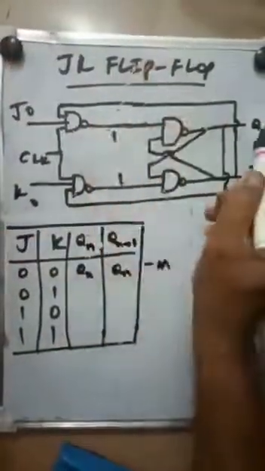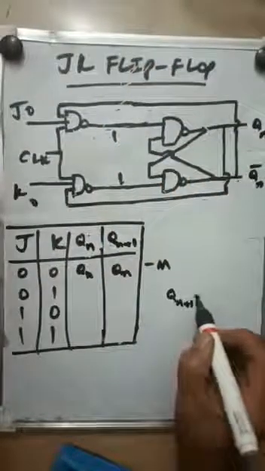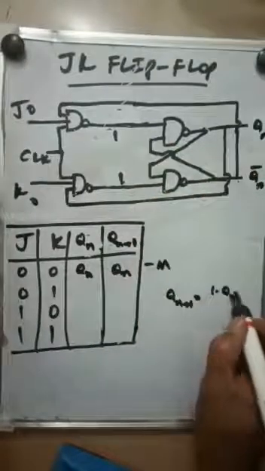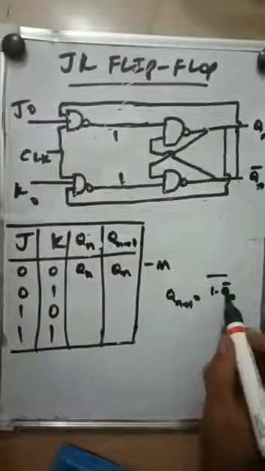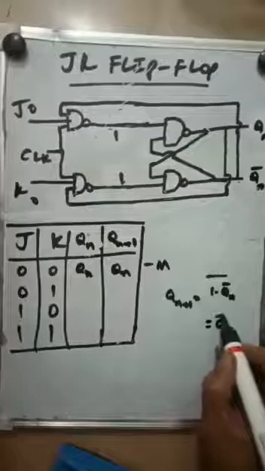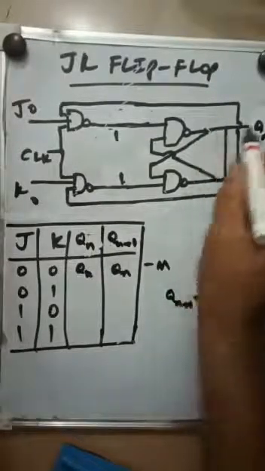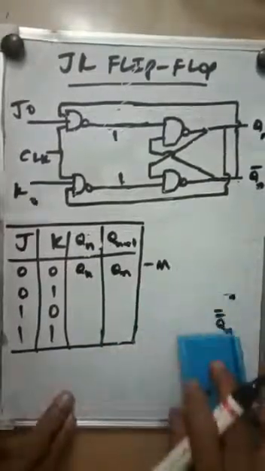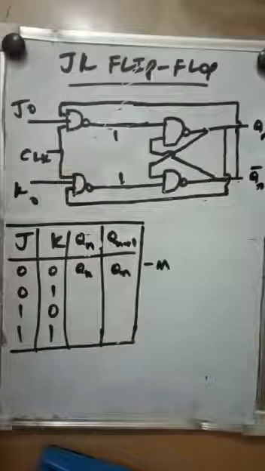The equation for QN plus 1 is 1 dot QN bar whole bar, which is QN bar whole bar, that is QN. That is called the same state, the memory state, or memory condition.